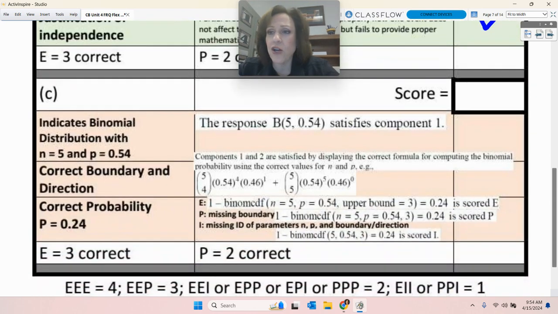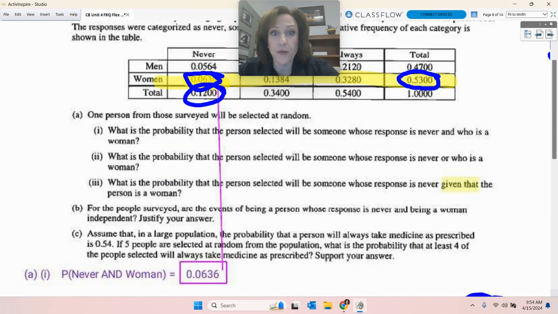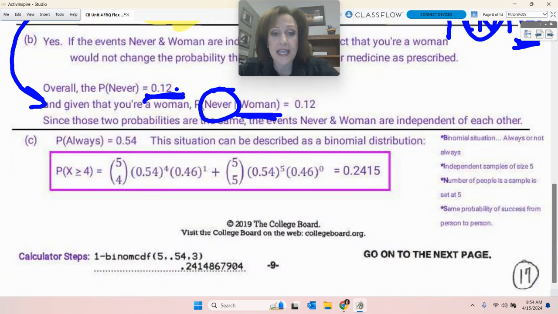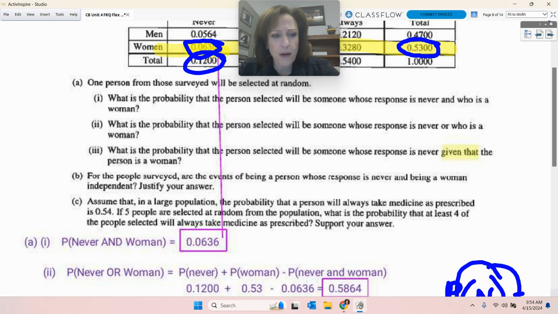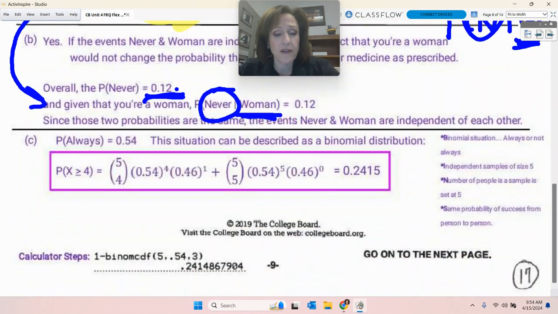All right. And then our last piece was a binomial component. So let's take a look at that. They said out of 5 randomly chosen women, what's the probability that at least 4 of them will always take their medicine properly? So that's 5 choose exactly 4, plus 5 choose all 5.